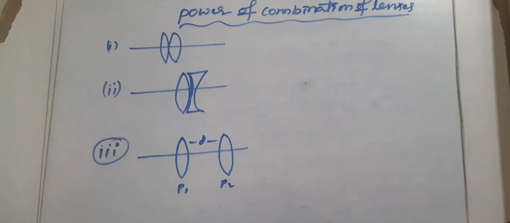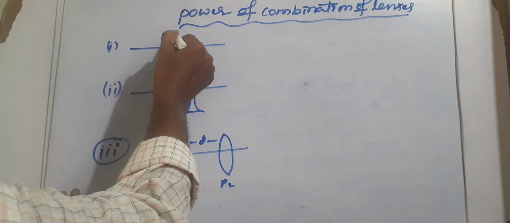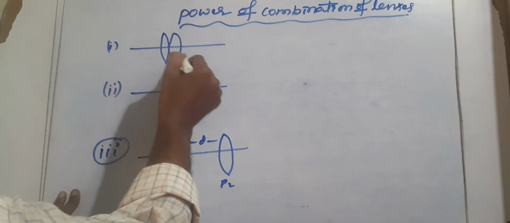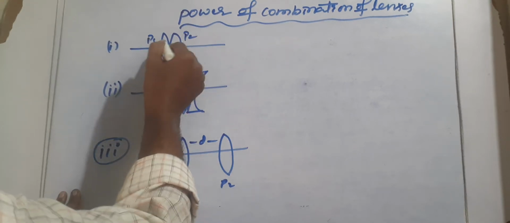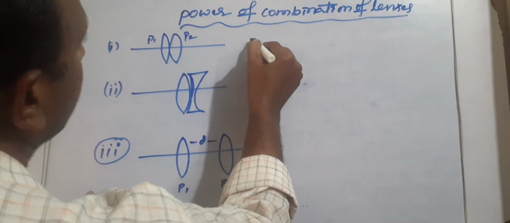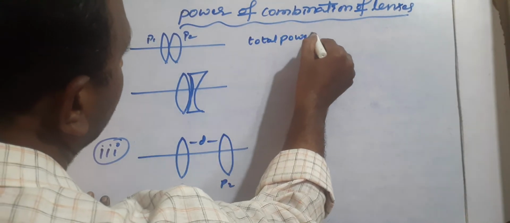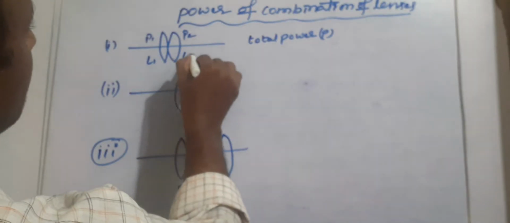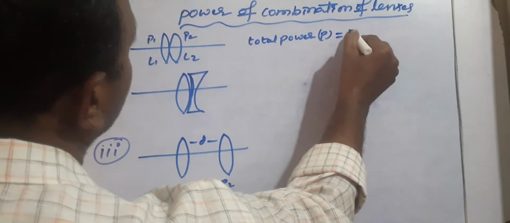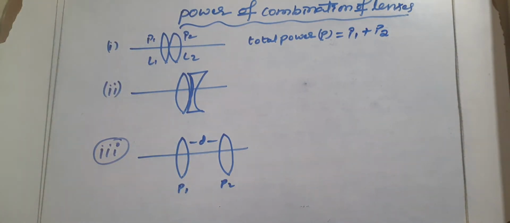In the first case, these are two lenses which are in contact. Their powers are P1 and P2, and between them no gap is there. Their total power or effective power of the two lenses L1 and L2 is equal to the sum of individual powers, P1 plus P2.